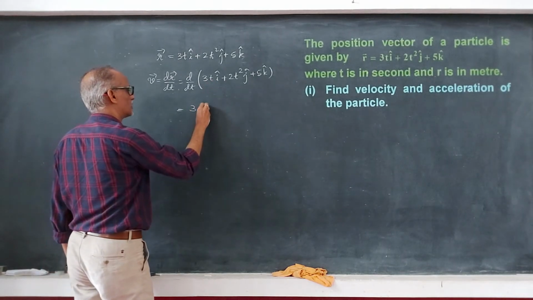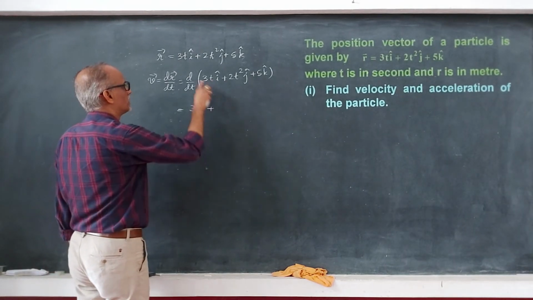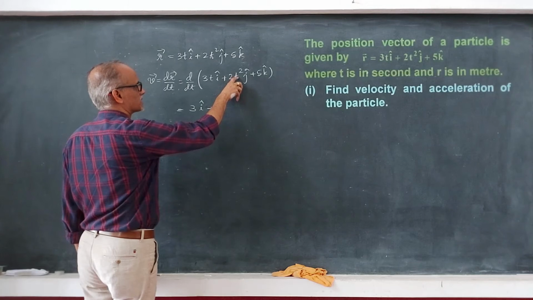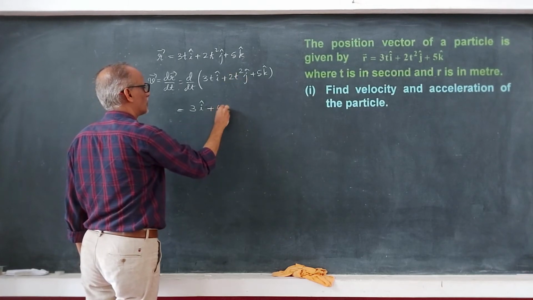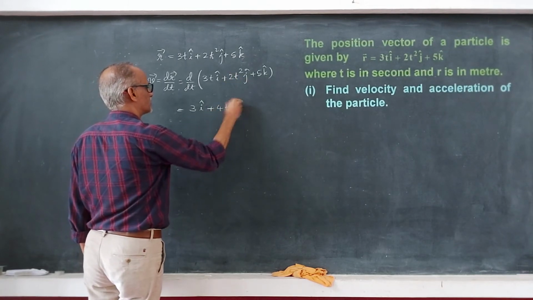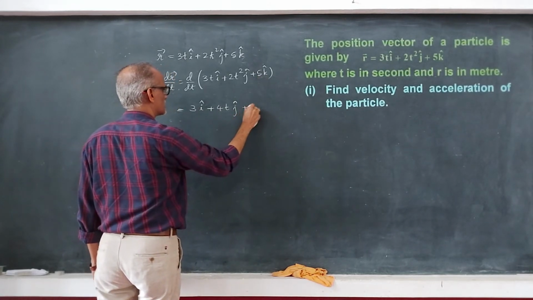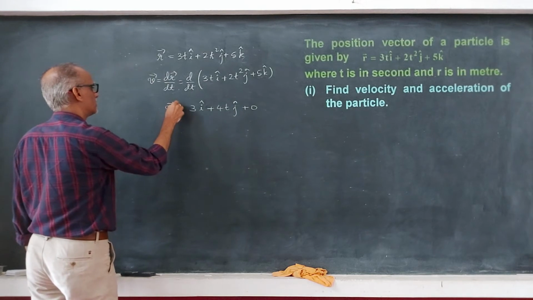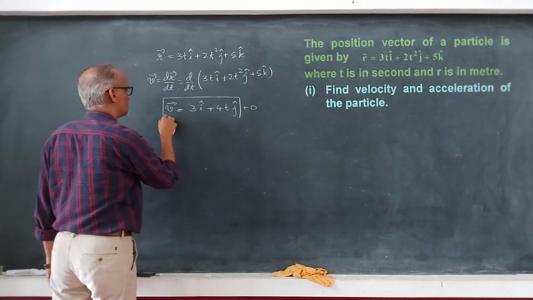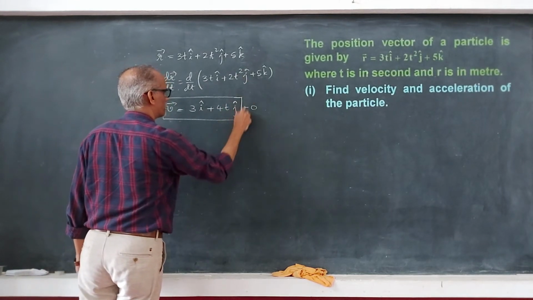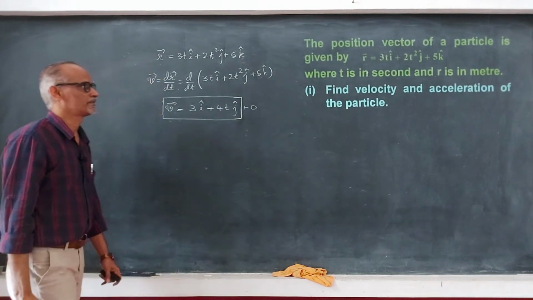So, we get only 3 i cap plus the differentiation of t square, which is 2t, 2 into 2, 4t j cap. The 5k is a constant number, so the differentiation of this is 0. So, we have found the velocity.